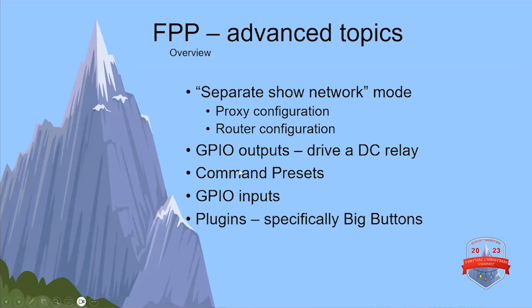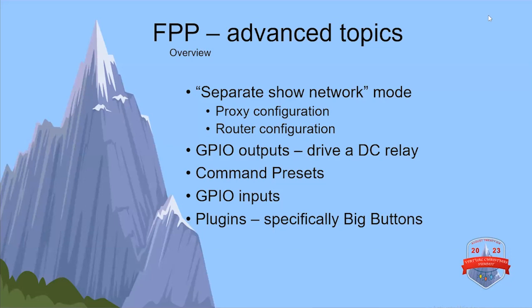We will also talk about GPIO outputs, like configuring devices to be triggered by a GPIO output, such as to drive a relay. So you can configure a relay and trigger that relay using a GPIO output. We'll talk a little bit about command presets in FPP. For those who've been around FPP for a long time, back in FPP 4 days, we had a feature called events.